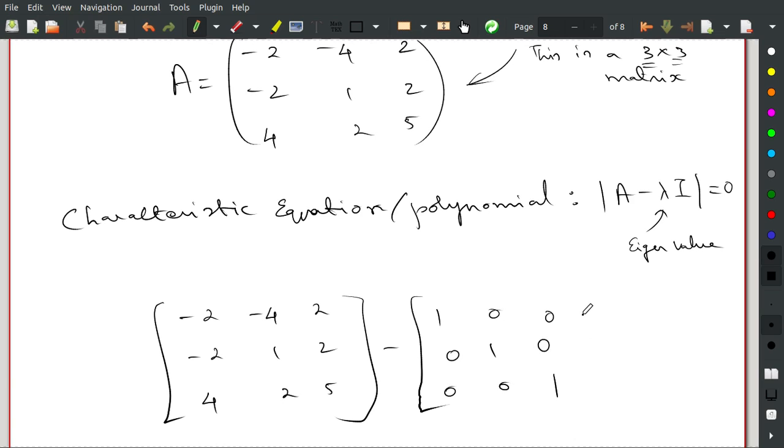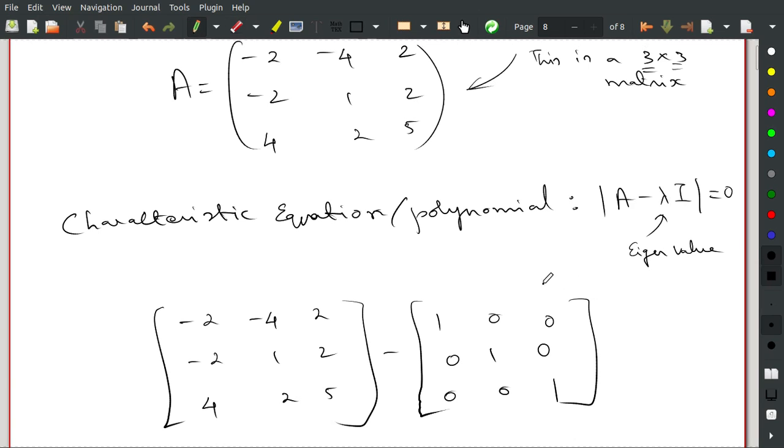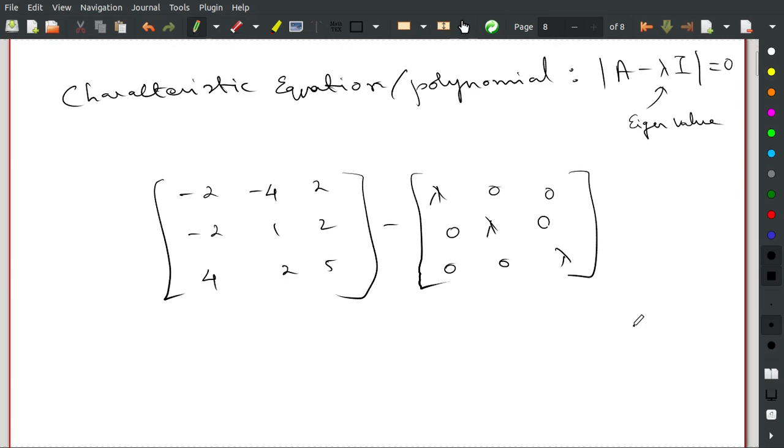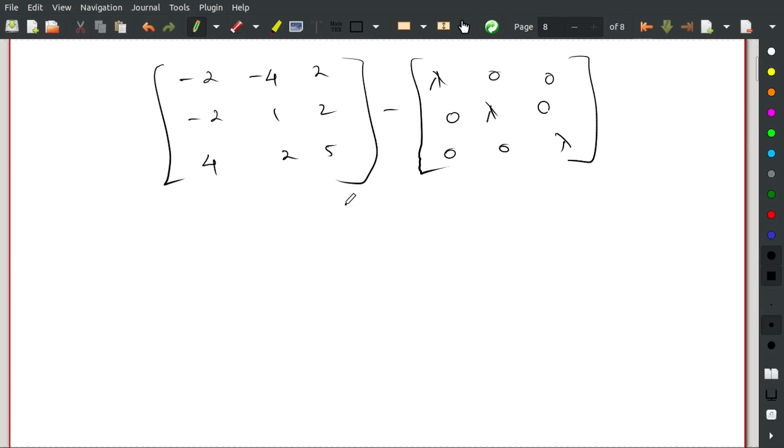If we multiply by lambda, we have lambda at the diagonal elements, right? And we have to find the determinant of A minus lambda I.